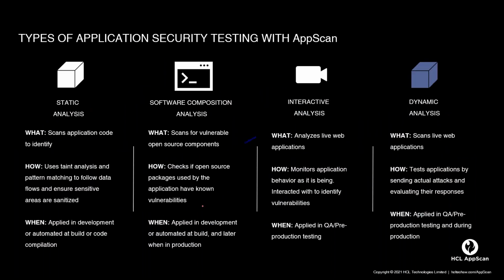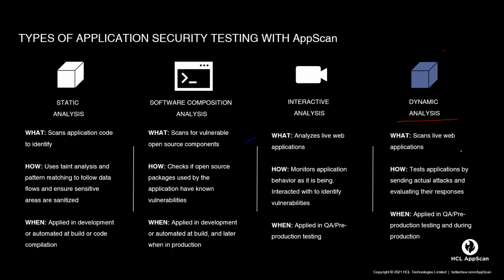Okay, and then when we talk about the different technologies, this just pivots a little bit differently on what we mean when we say we're doing static analysis, or software composition analysis, interactive or dynamic. I'm not going to go into too much detail on some of these other ones, but just to let everyone know that we're going to be focusing on this pillar here, right? So the dynamic analysis.